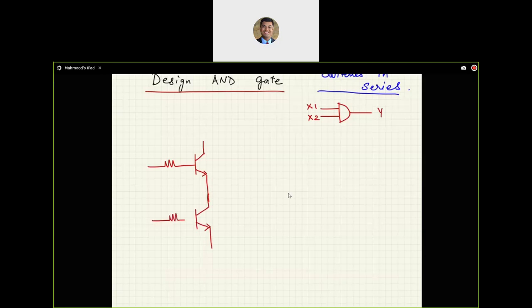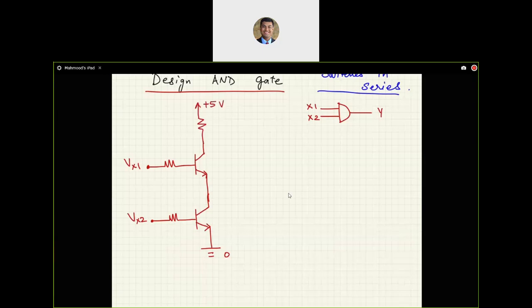Their base voltages are being controlled by voltages Vx1, Vx2 that are representative of binary inputs x1 and x2. I have connected the emitter of the second transistor to ground, and I have pulled up the collector voltage to 5 volts.